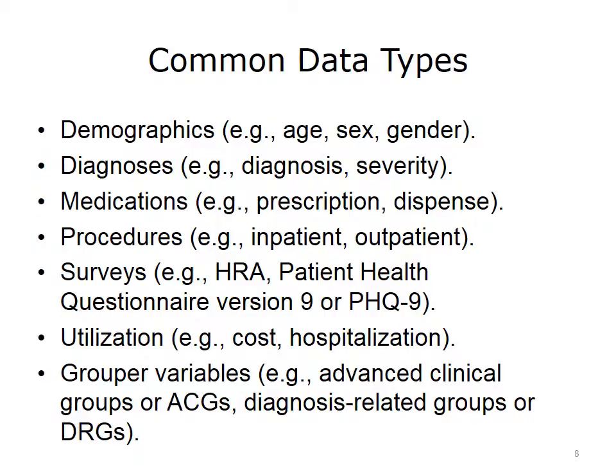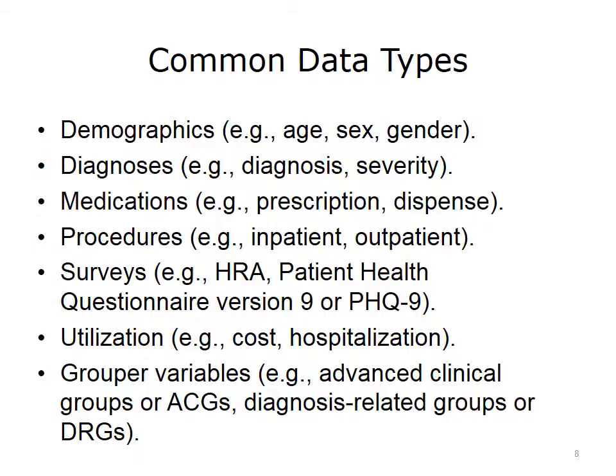Data collected by patient surveys, such as HRA and Patient Health Questionnaire version 9, PHQ-9, which is designed to measure the severity of depression. Utilization information such as cost, hospitalization, admission to the emergency room, readmission, and so on.